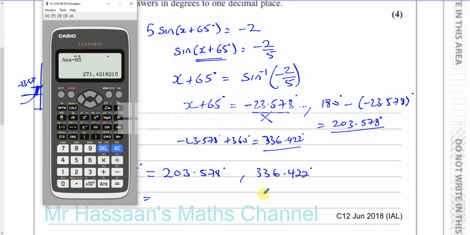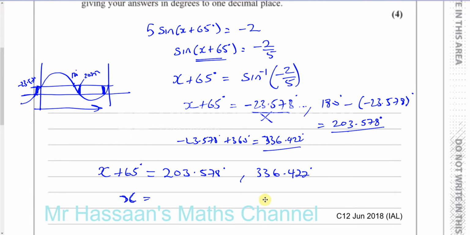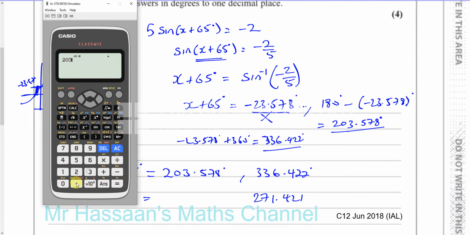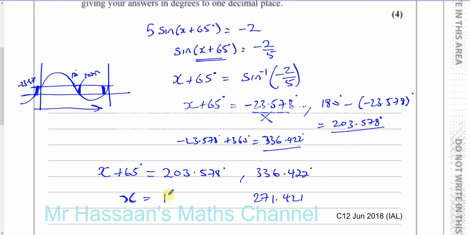Then you have 203.578 minus 65, which gives 138.578. Let me just make sure I covered that right.